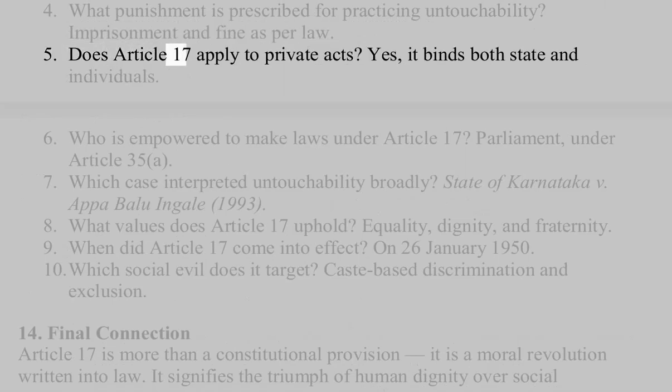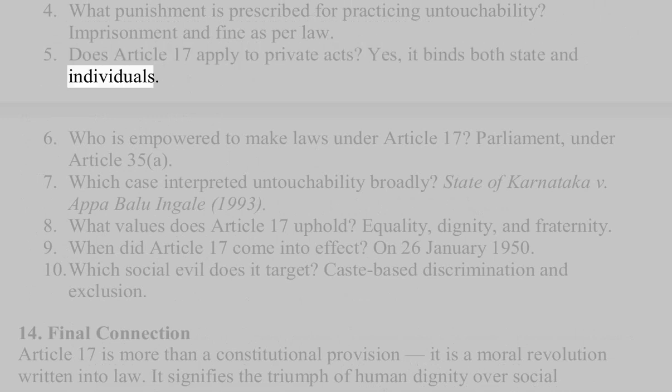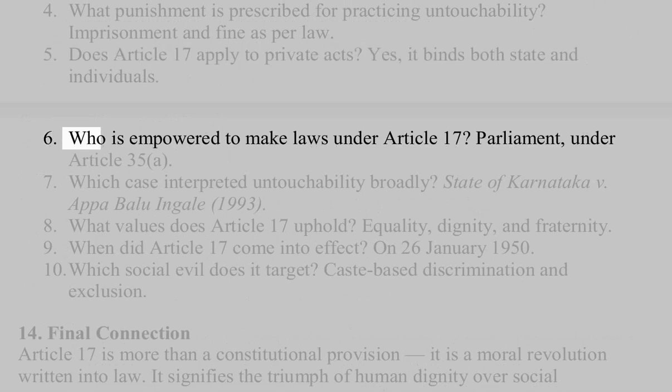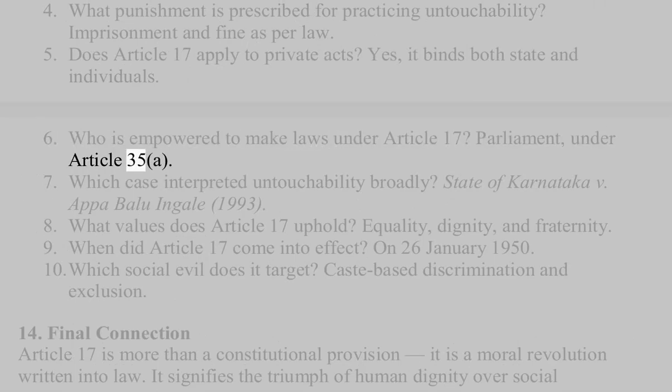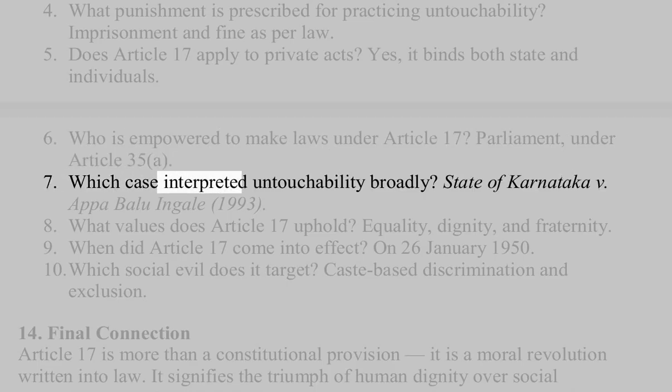5. Does Article 17 apply to private acts? Yes, it binds both state and individuals. 6. Who is empowered to make laws under Article 17? Parliament under Article 35A. 7. Which case interpreted untouchability broadly? State of Karnataka v.